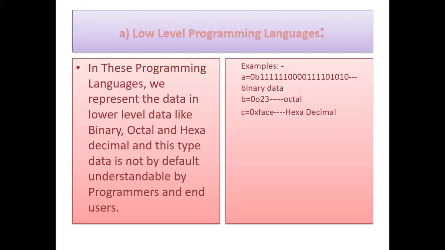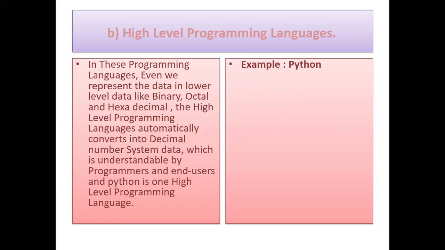So in a low-level programming language, it will represent the data in the same format we give. But in a high-level programming language, whatever data we store will automatically be converted into decimal number system data, which is understandable by the programmer and the end user. Let me show you with an example.